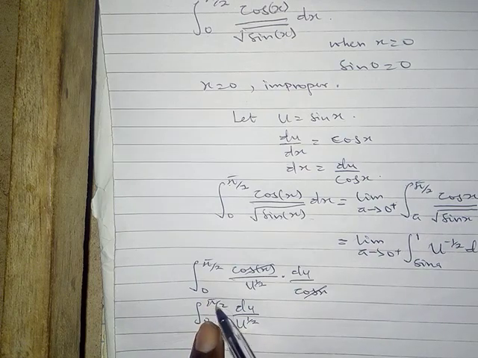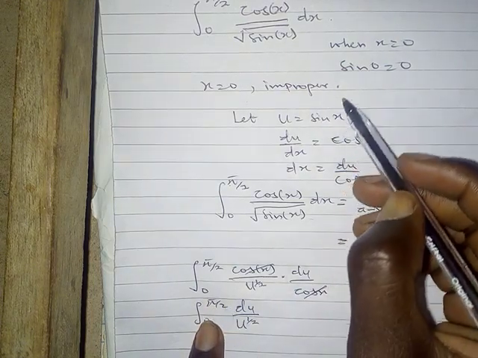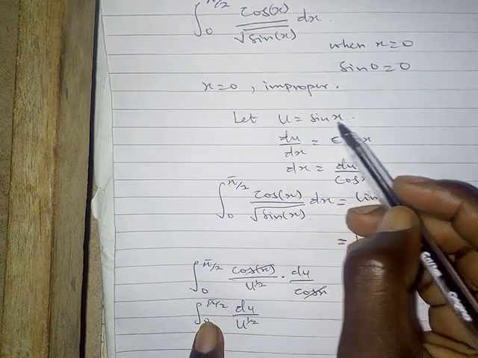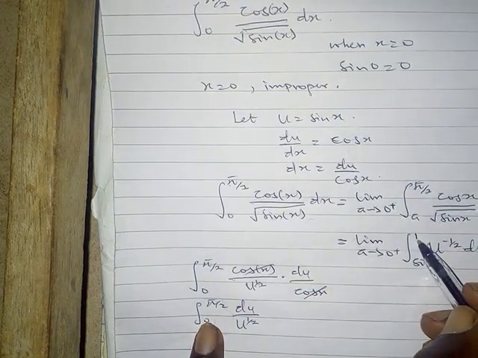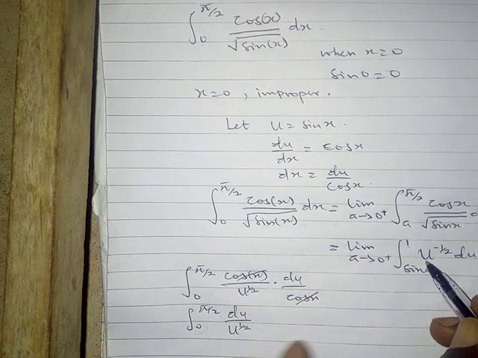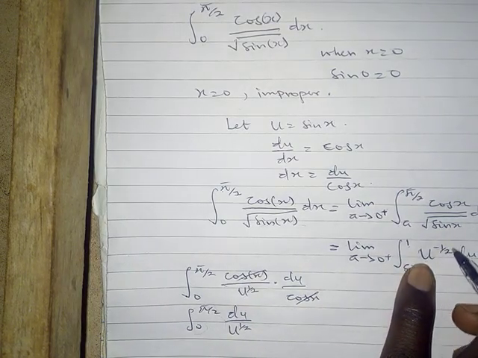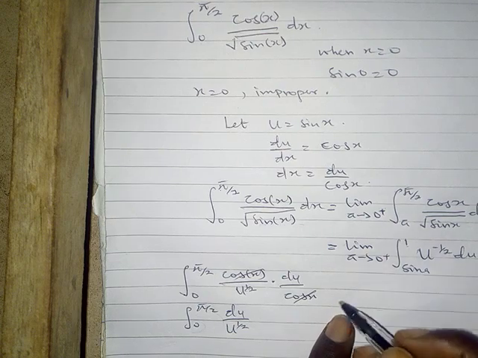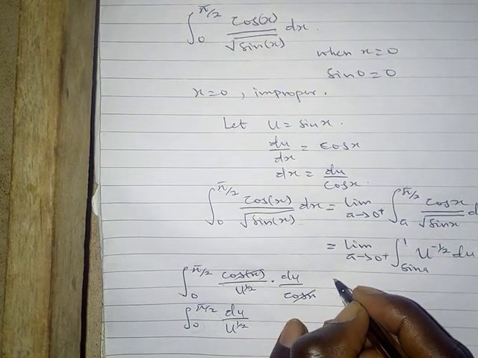When x is pi over 2, we get u equals sine pi over 2, and that is 1. Then 1 over root u is the same as u to the power of negative 1 over 2 du. Alright, so we proceed.